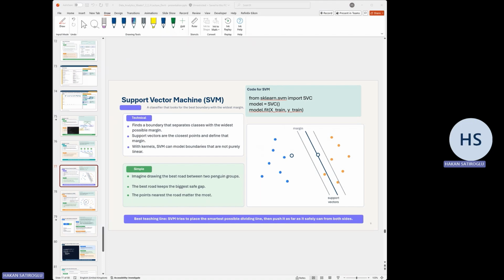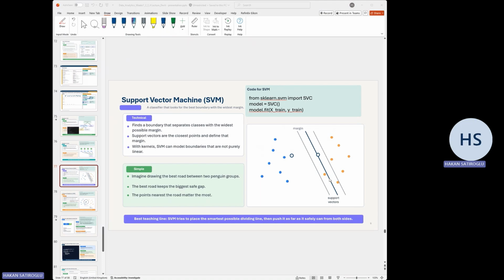Support vectors are the closest points that define that margin. This slide introduces something a little different. Unlike decision tree and random forest, which classify by splitting data through a series of questions and rules, the support vector machine approaches the problem by searching for the best possible boundary between classes.